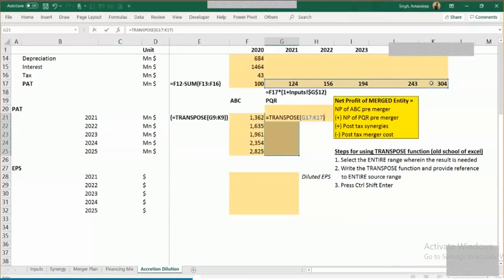And finally, in step number three, I'm going to press Control Shift Enter, which populates the data over here in the other way. So the data which was there in the row has now been populated in the column. Does that make sense? I hope this clarifies to both of you, Vaishaki and Prachi.